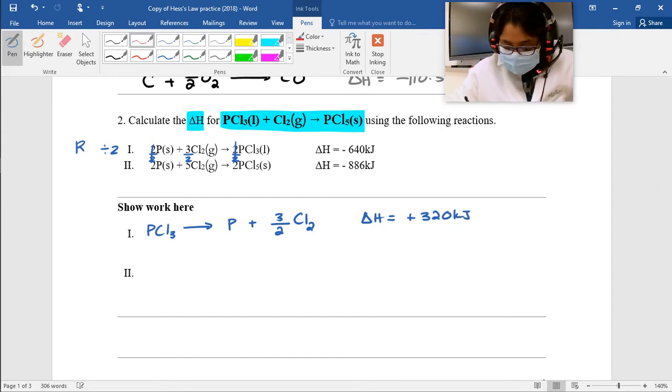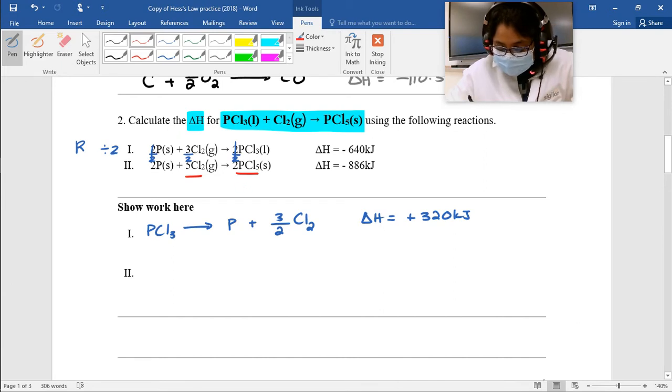All right. Let's look at the second equation. First question, does it have anything we want? Yes, it does. It has PCl5 and Cl2. Is it the correct number of things? No, it's not. PCl5 is the only thing that is unique here. Cl2 is in both equations, so we give priority to PCl5. Question, is it on the correct side? Yes, it is. So you don't need to reverse it. You just need to divide it by 2.